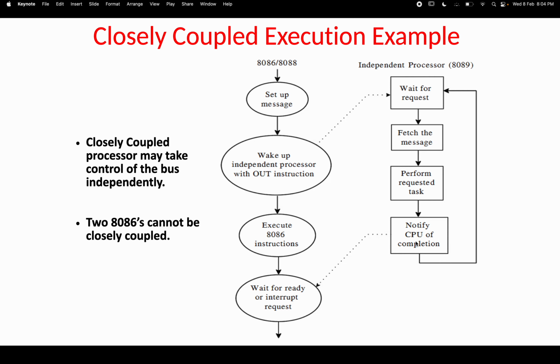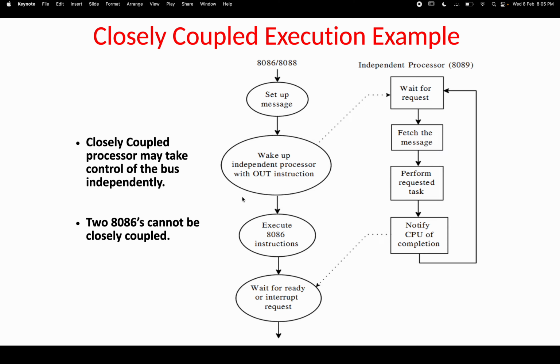Then it makes 8089, the independent processor, wait for the next request. During that time, the 8086 can independently execute its own instructions. So this is the advantage of having closely coupled along with the coprocessor configuration.